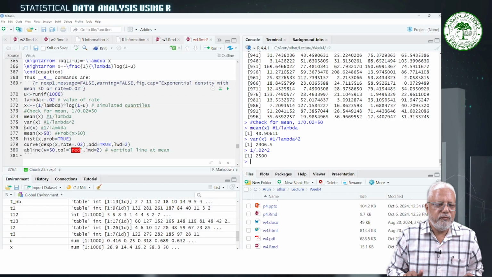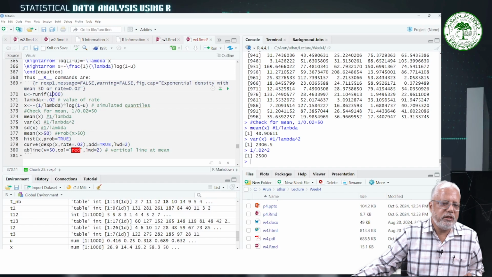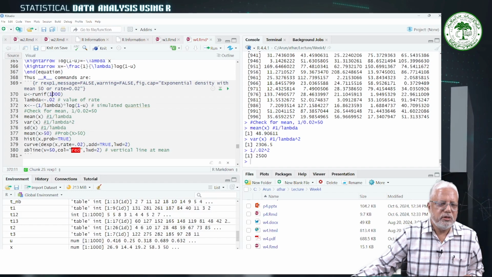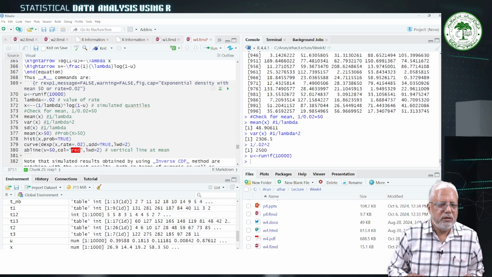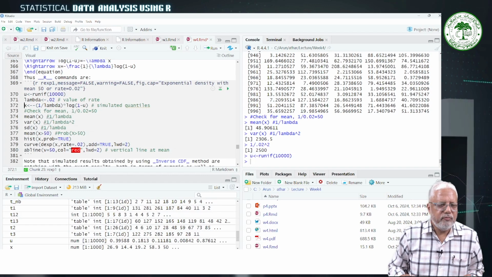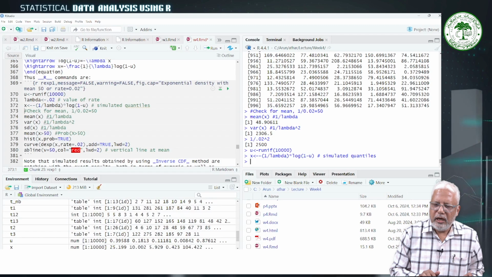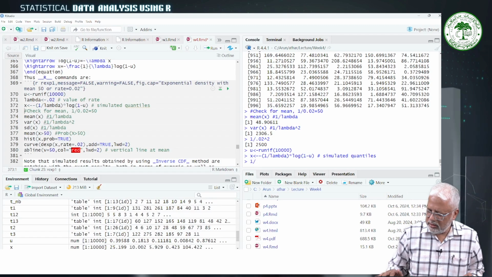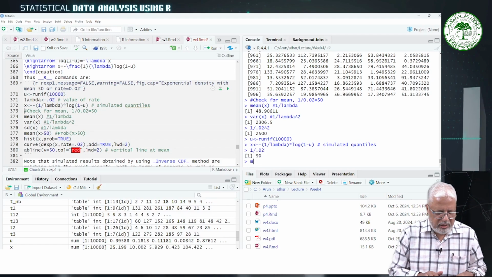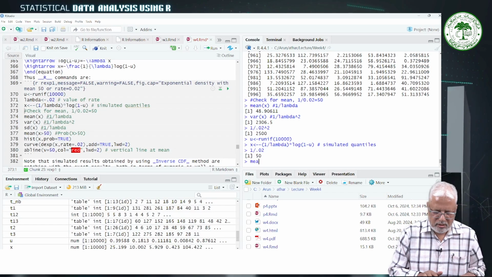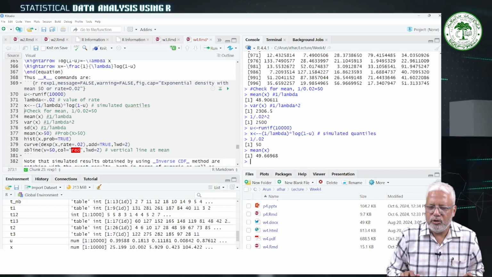No doubt, if we are increasing the sample size, here instead of 1000, suppose we are having 10,000 random deviates, then we can have x values like this, and then see what is the exact mean. 1 by 0.02, exact mean is 50, and mean of x, the simulated data, should also be 50: 49.66.